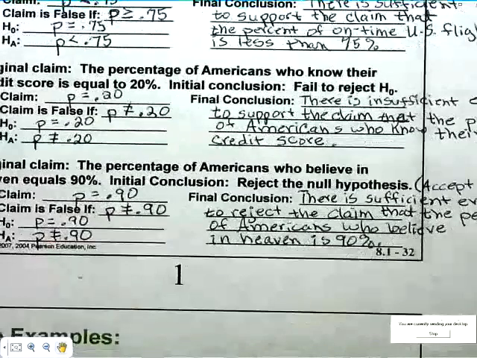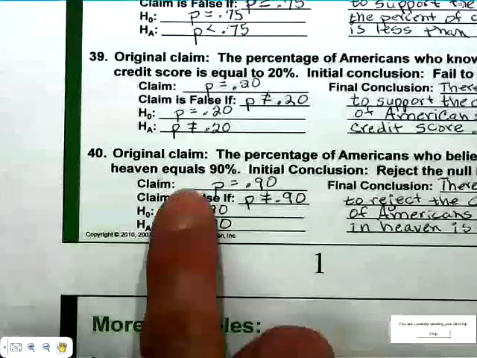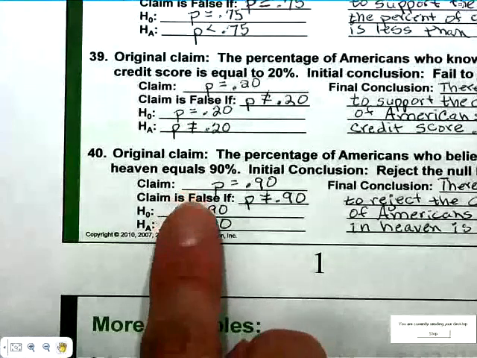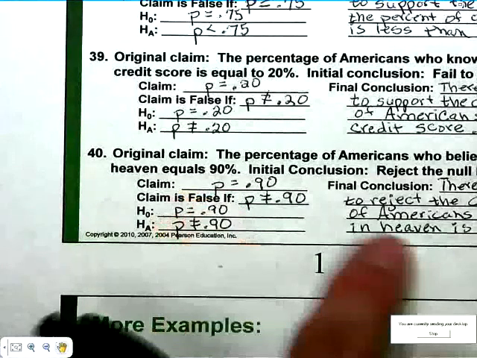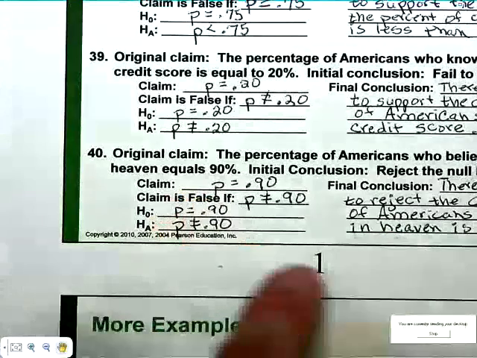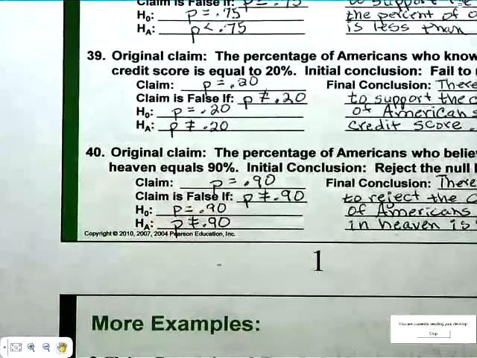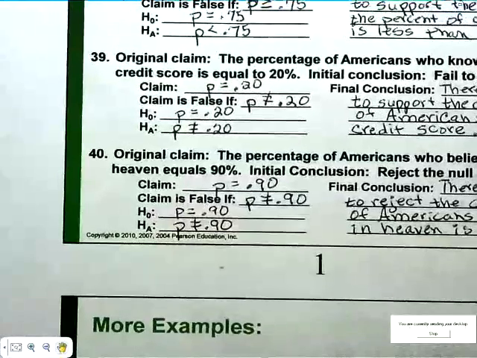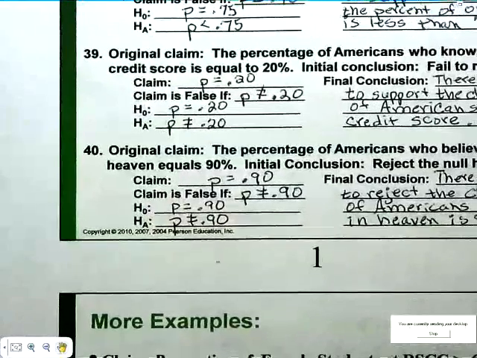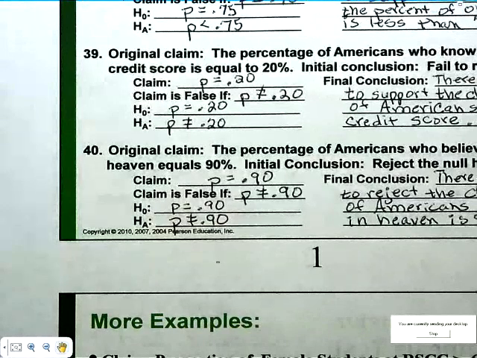If a group of people makes the claim that the percentage of Americans who believe in heaven equals 90%, and we poll some people and get a sample percentage, then we need to come back to that group and say either yes, you're exactly right, the percentage is 0.9, or there's not enough evidence to suggest that you're right, or there's enough evidence to say you're wrong.